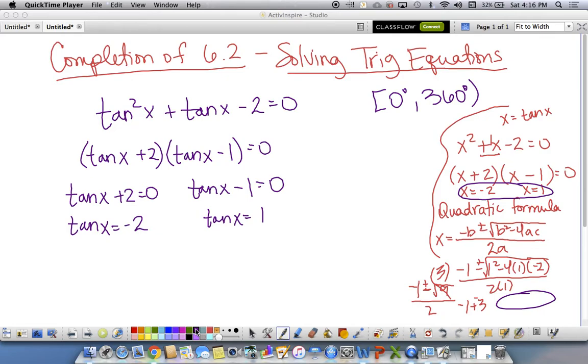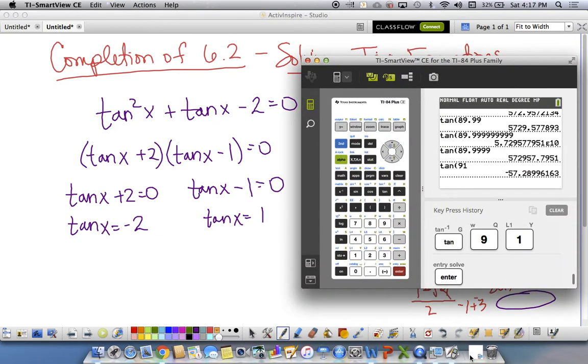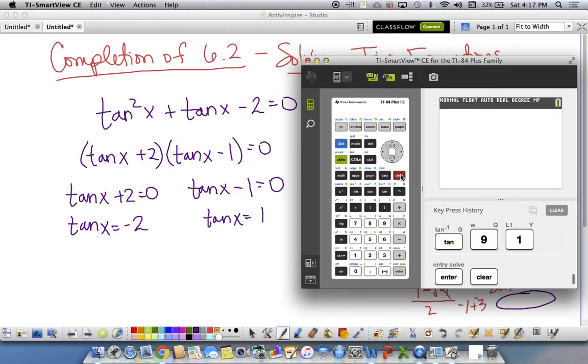Now, only one of these can I think of as a triangle, a 1 over a 1. I can't think of a triangle being a 2 over 1, but I probably could come up with it. But only one of these I know for sure. So I might go back to my handy dandy calculator.